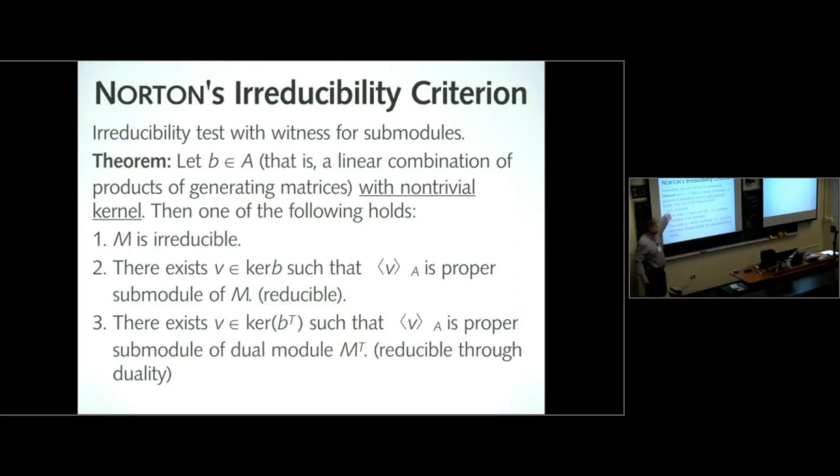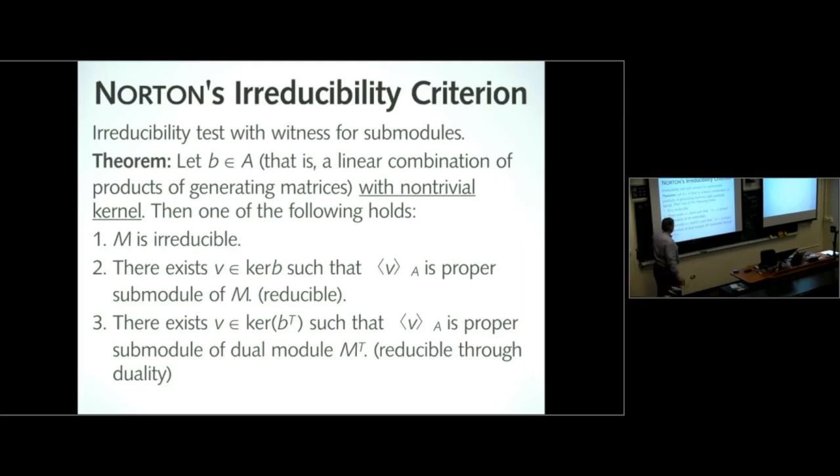The module might be irreducible, or if it is reducible, there might be a vector in the kernel of this element, this is a matrix, such that the submodule spanned by that vector is a proper submodule, or there might be a vector in the kernel of the transpose of that matrix, which gives us a proper submodule. So, if you feel uncomfortable structurally, what does it mean to transpose? Basically, that's a statement about the dual module.